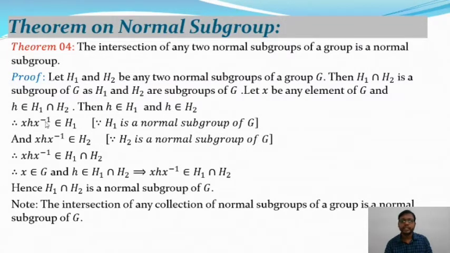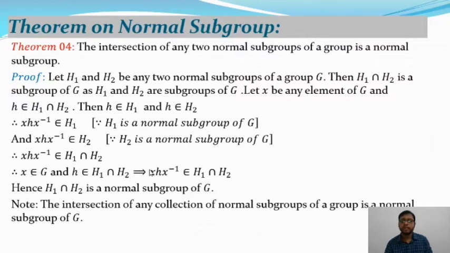So if x h x inverse belongs to H1 and x h x inverse belongs to H2, then from this we conclude that x h x inverse belongs to H1 intersection H2. So therefore x belongs to G and h belongs to H1 intersection H2, and combining these two we get x h x inverse belongs to H1 intersection H2.